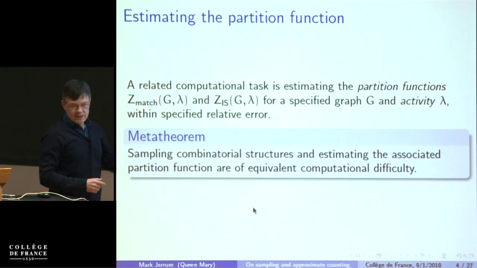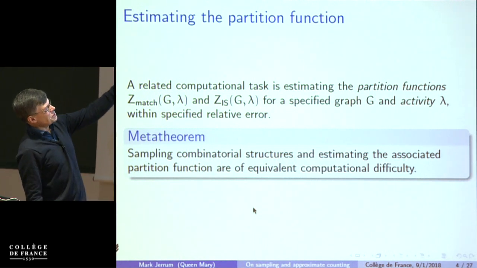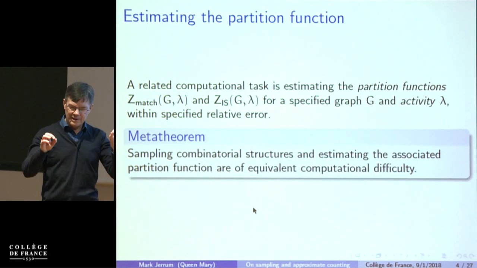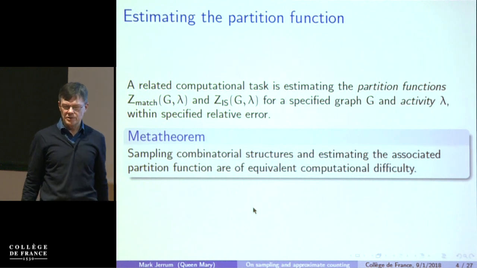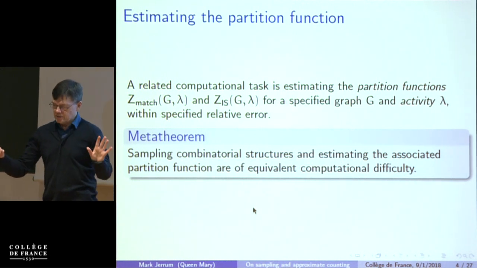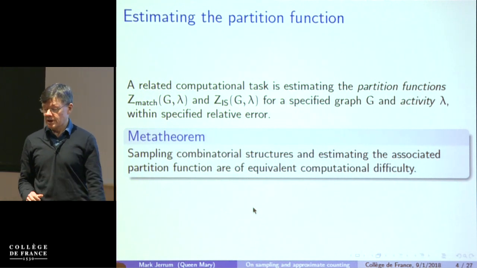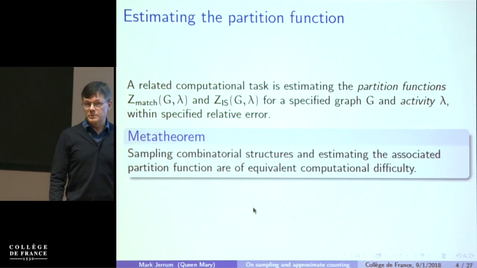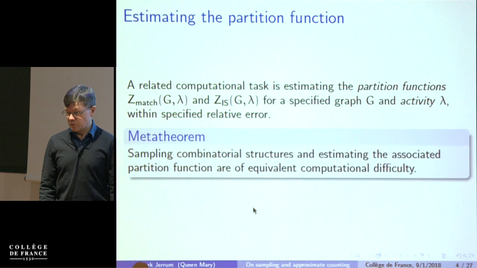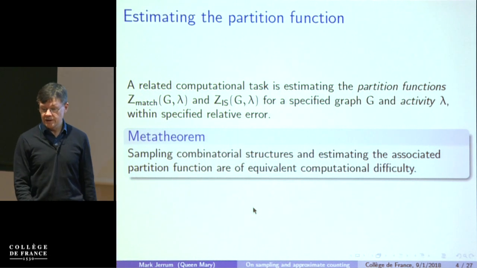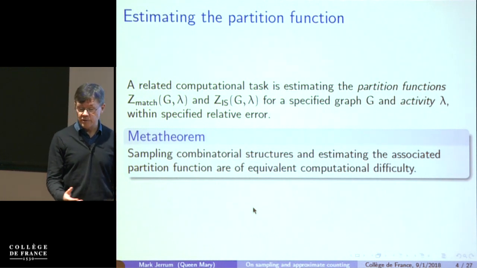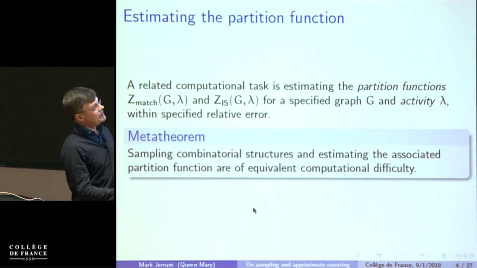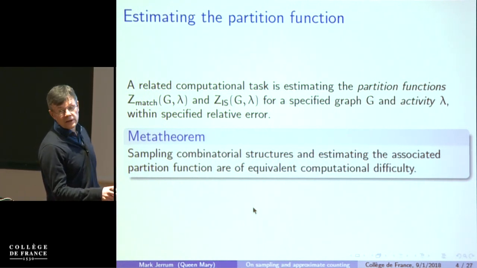And here's the meta theorem. It's meta because you can make it into an exact statement, but only by placing quite tricky technical conditions on the problem that you're looking at. But these technical conditions are satisfied most of the time, the vast majority of instances. And what it means is that if you can solve one of these problems, so for example, if you can sample uniformly at random, or you can sample according to the correct distribution, the combinatorial structures, then you can figure out how many there are, roughly, to estimate any error that you like.